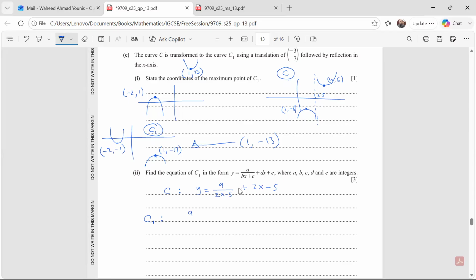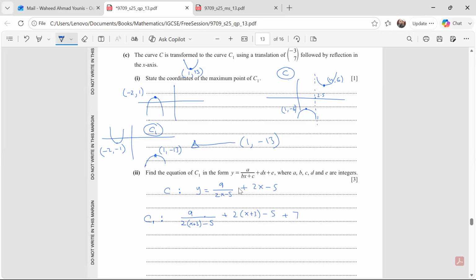I can show that by putting x plus 3 for every x, since it's moving x negative. If I replace x with x plus 3, that means I have moved this curve to the left by 3 units. So I will just replace every x by x plus 3. What have I done? I have moved this curve to the left by 3 units. Now I have to move it up by 7 units, so I will just add 7 to it.